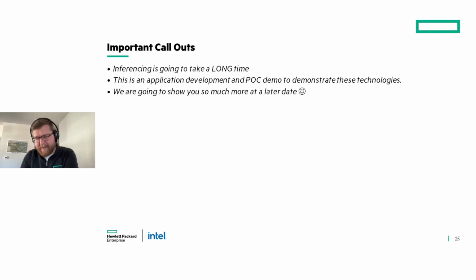Some important callouts. I'm going to start the inferencing, and then switch over to different pieces so you can understand how this is all working. Currently, intentionally, inferencing is going to take a really long time, about 500 seconds. That's because this is supposed to be your first pass, to show how you can quickly get up and running with a prototype.